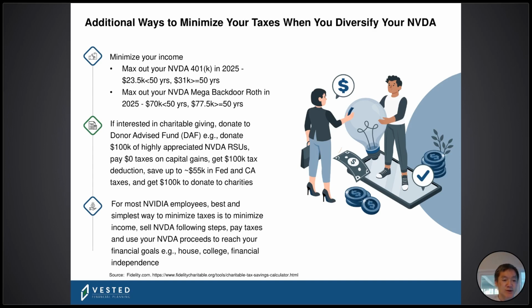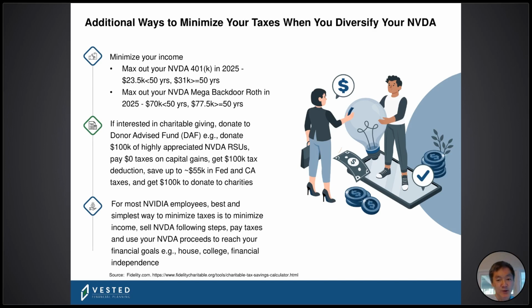So for most NVIDIA employees, the best and the simplest way to minimize your taxes is to minimize your income, like we just talked about, sell your NVIDIA following the steps we just went through, pay your taxes, and then start using your proceeds to get to all your financial goals, like buying a house, paying for college, getting financial independence.